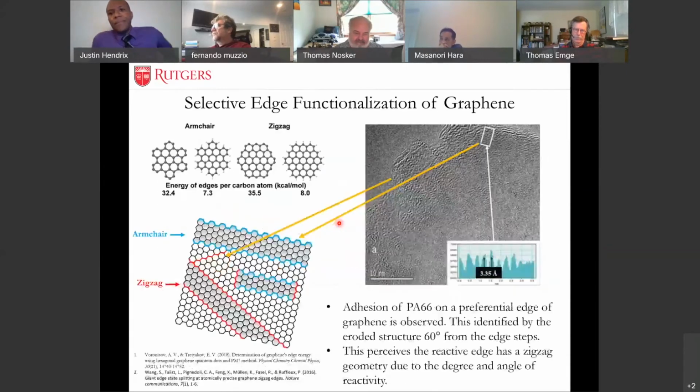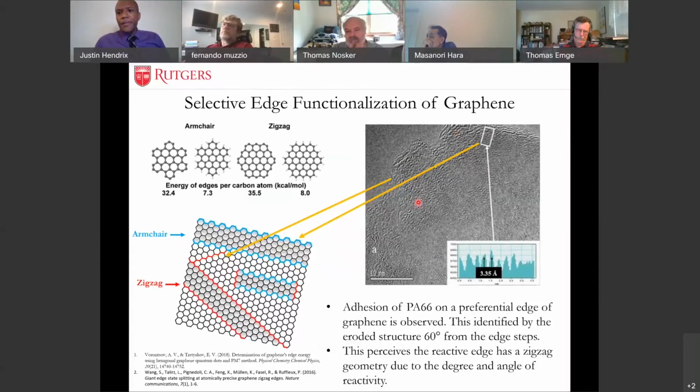Now, we talked about edge functionality due to selectivity, and we want to see this. Looking at the top layer in the top right, we see that it has nice smooth edges. And we notice that if we look at that edge and rotate it by about 60 degrees, it looks very jagged and rough.